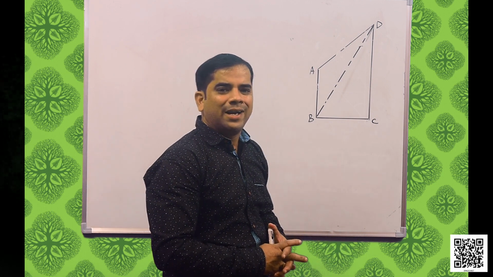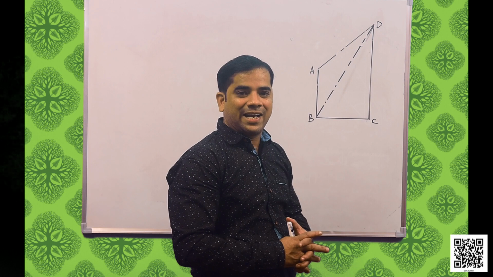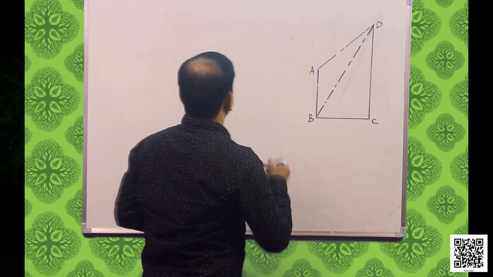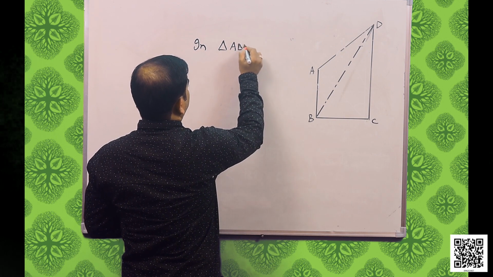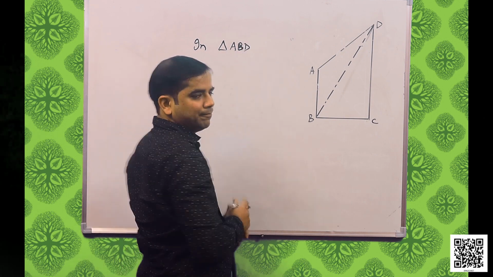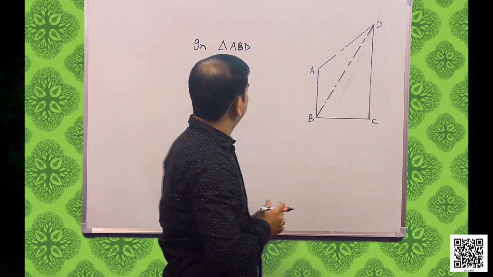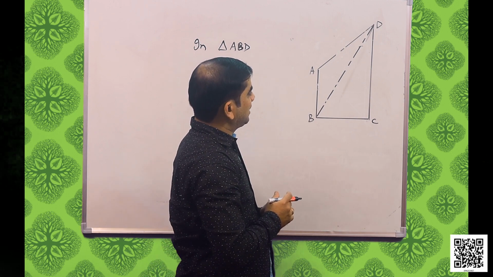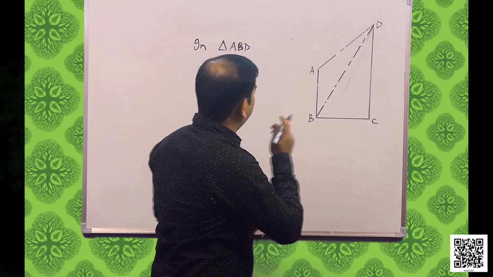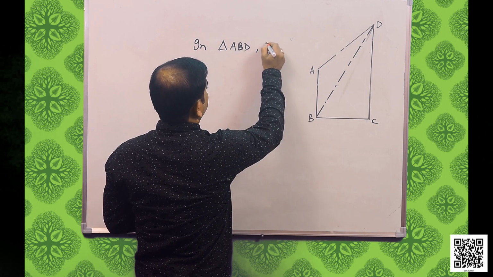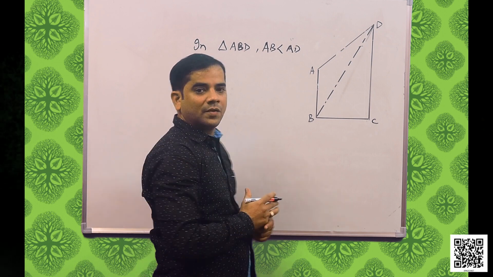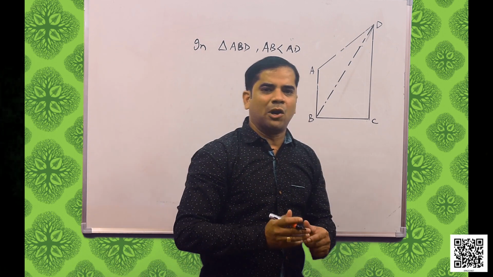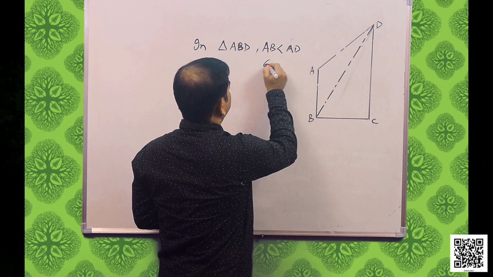So, let us first consider triangle ABD. In triangle ABD, AB is smaller than AD, it is given.